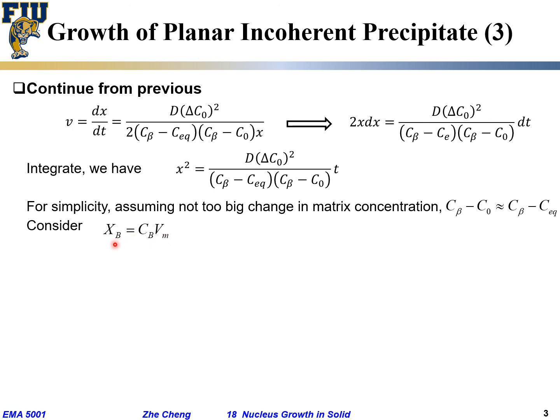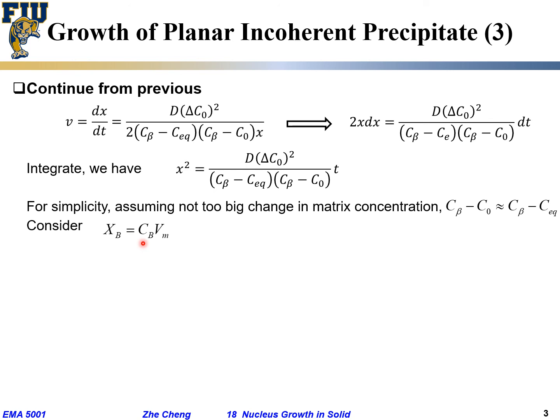To check the validity of this one, the Xb has a unit of molar over molar, which is essentially unitless, while Cb has a unit of molar per meter cube, while Vm, which is the volume, has a unit of meter cube divided by molar. So meter cube and meter cube cancel.